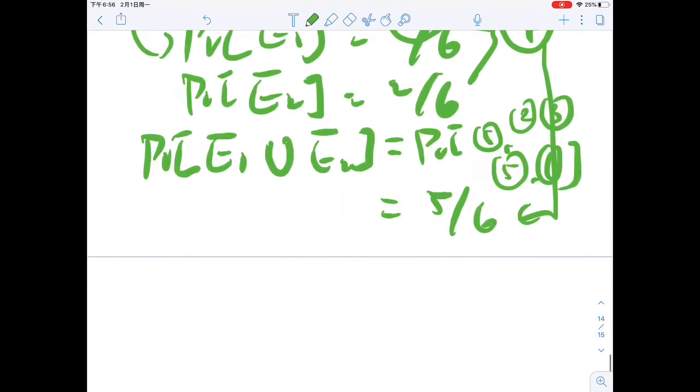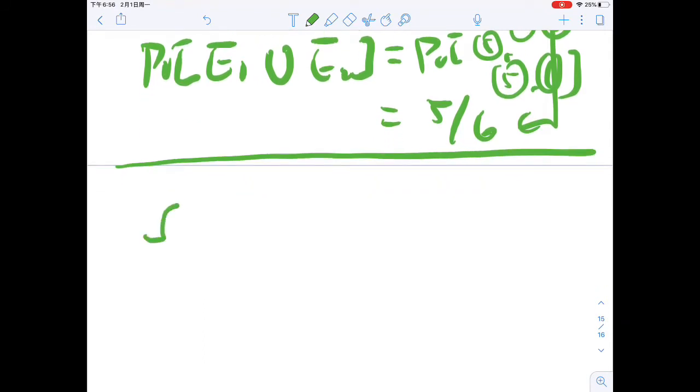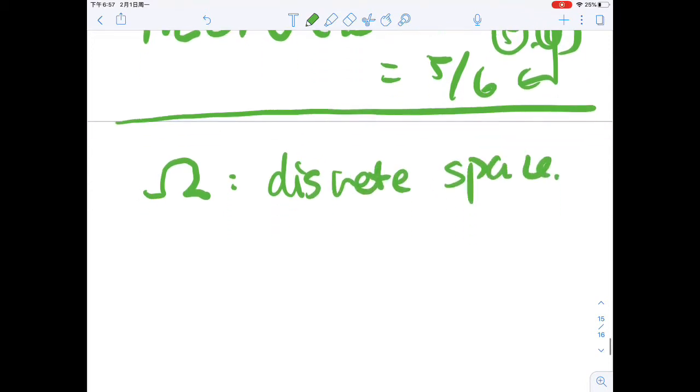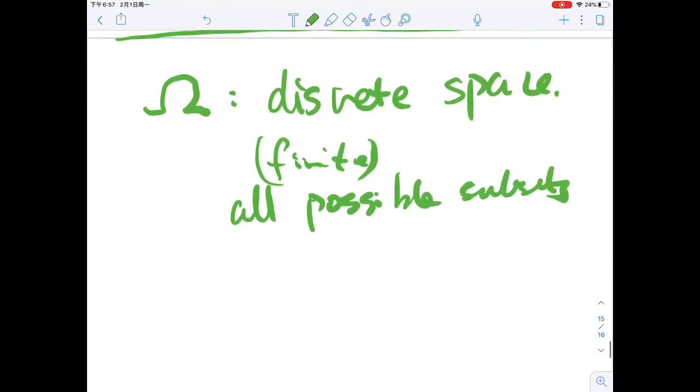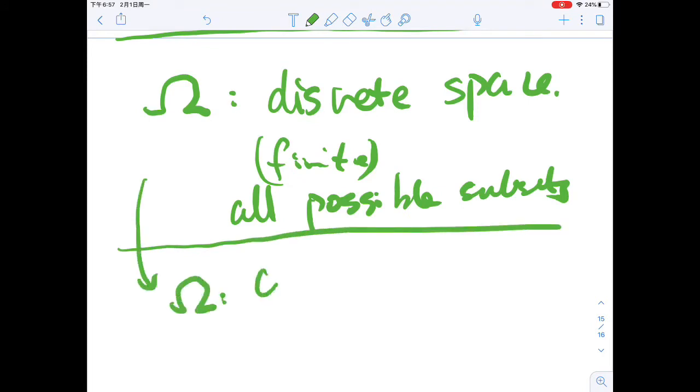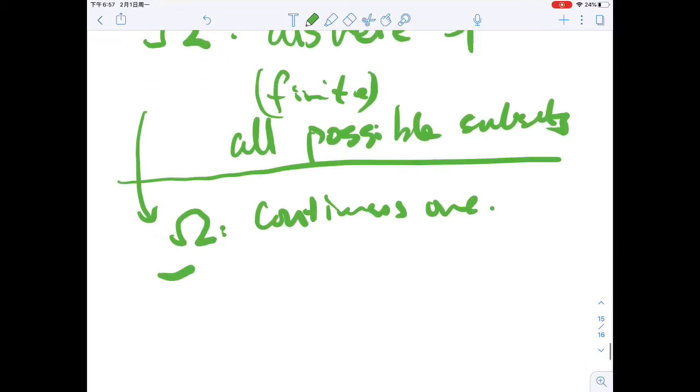There's also one more subtlety here. For most of this course, we assume the probability space is a discrete space. When we talk about a discrete space, especially a finite one, then we can talk about all possible subsets. But you should be aware that when the probability space is continuous, the way we define F is much more subtle.